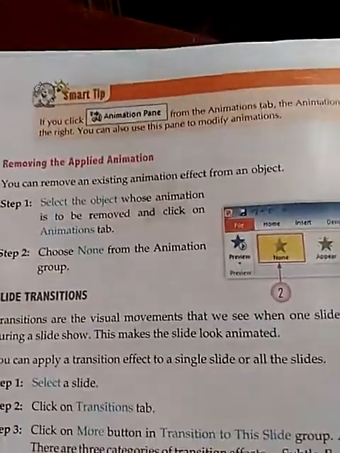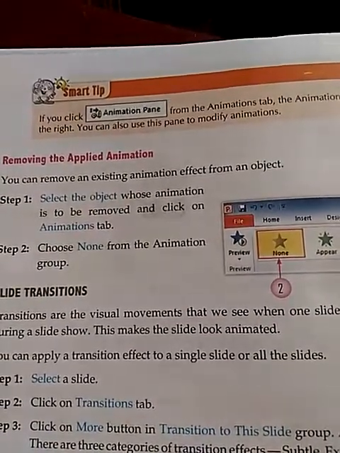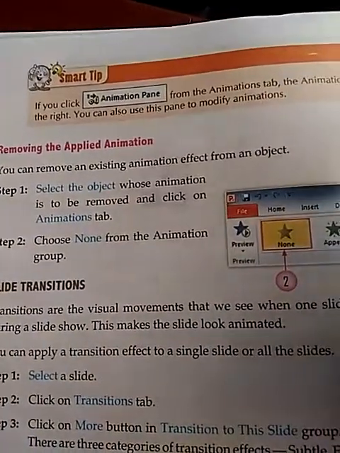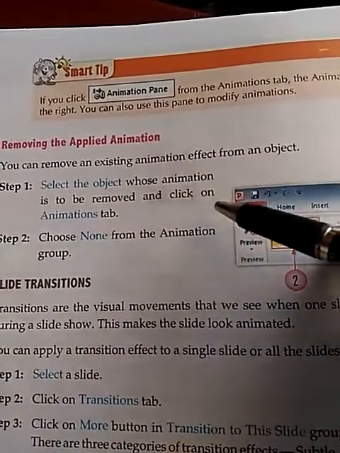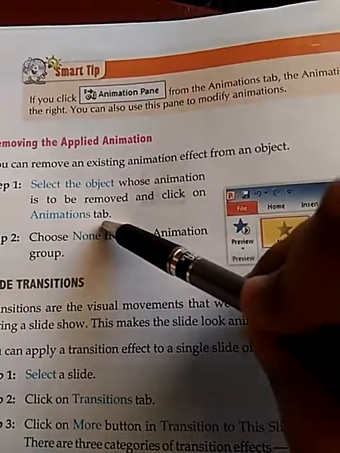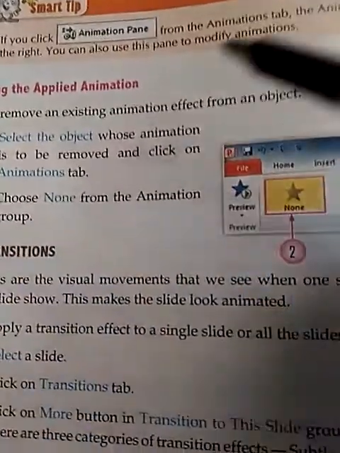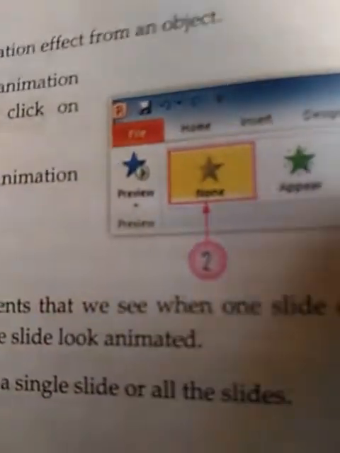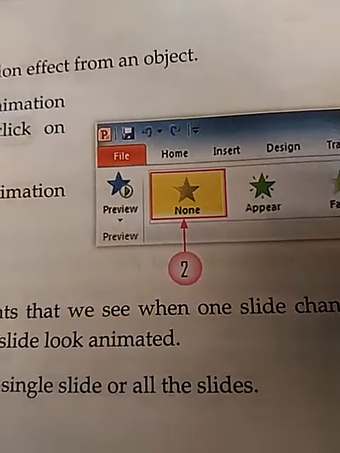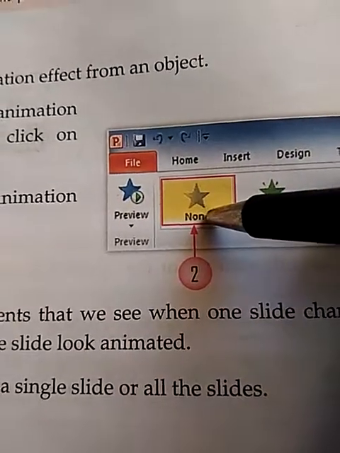Now removing the applied animation. If we want to remove any animation effect, then simply click on the object, and after clicking on the object, go to the animation tab, and on the animation tab choose none, this first one. Here it is displaying a blank star without any animated effect, so choose this none.